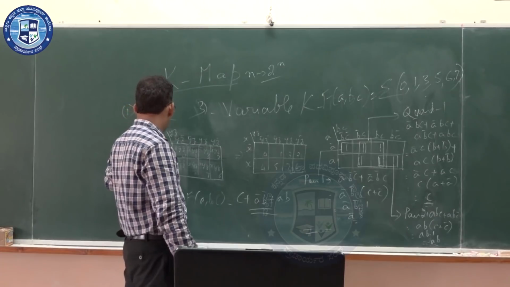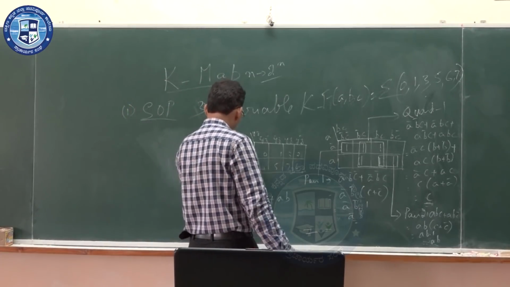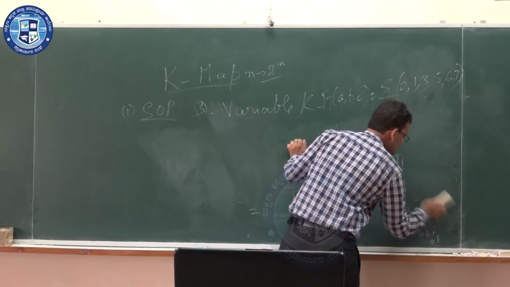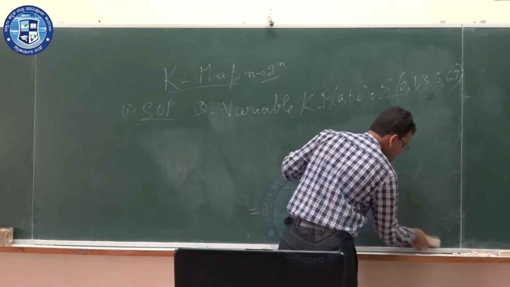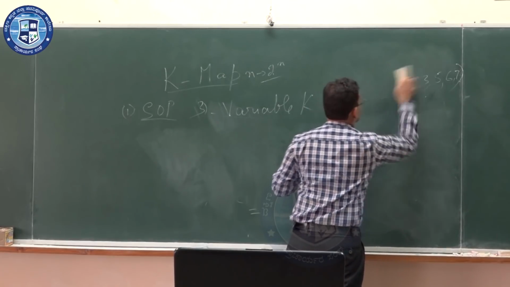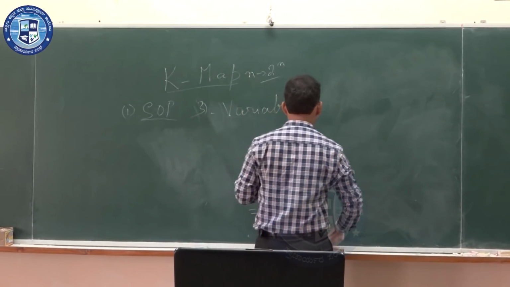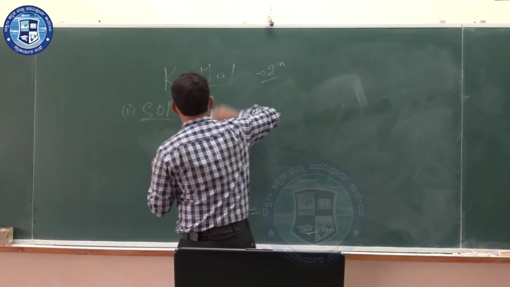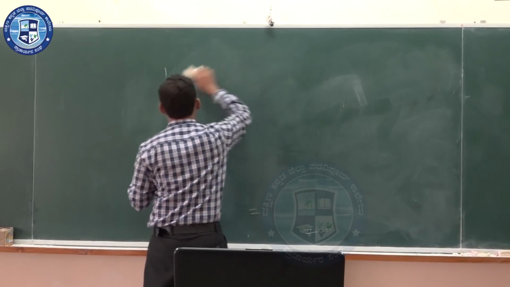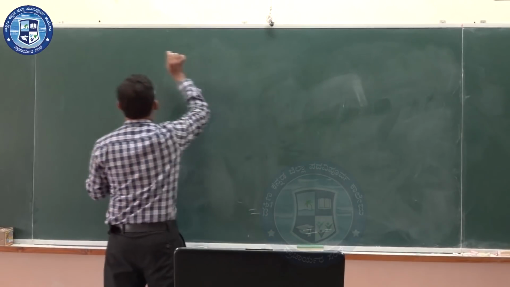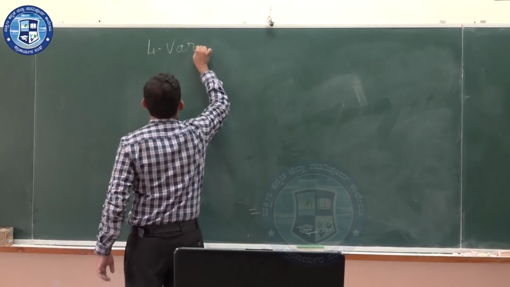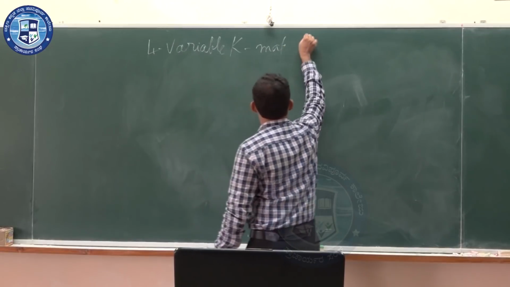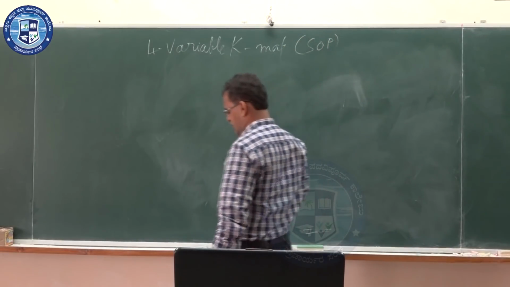So, let me go for a 4 variable K-map. We are learning on SOP, so keep it in mind.